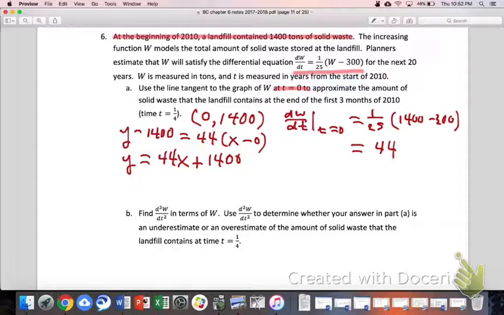Okay, so now it wants us to use that tangent line approximation to approximate the amount of solid waste when t is 1/4.